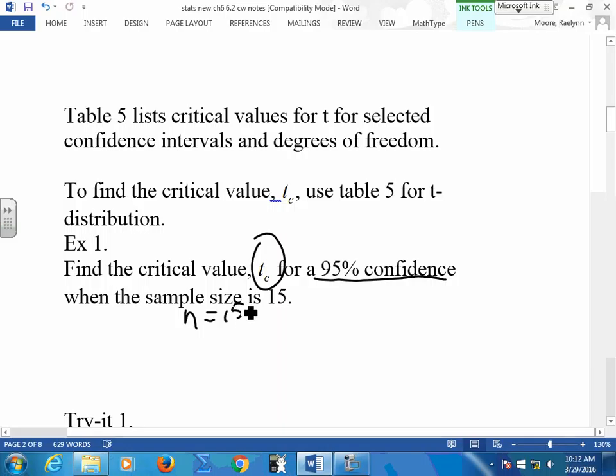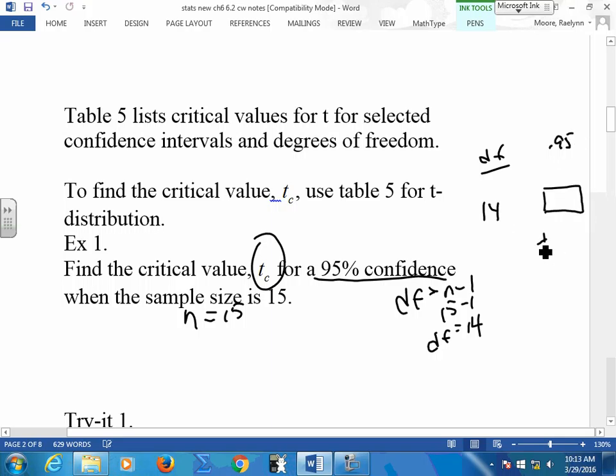Level of confidence, find 95. See how they highlighted the 95 column? Now you're doing degrees of freedom. You're not looking up 15. You're looking up N minus 1. 15 minus 1, your degrees of freedom is 14. So you're looking at 14, .95. That's how easy this is.